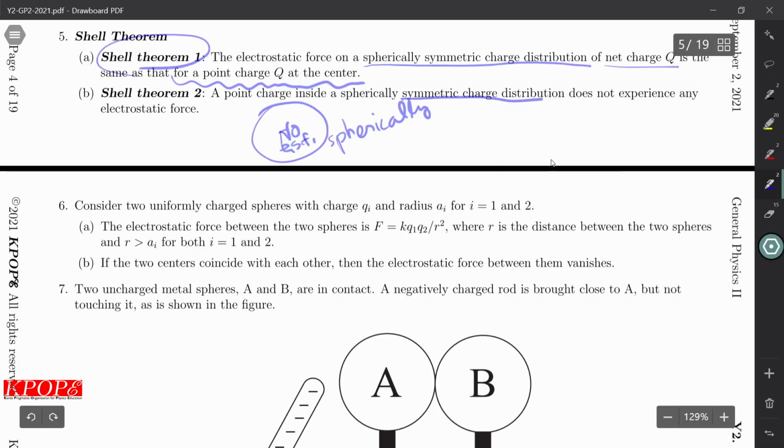Once the charge distribution is spherically symmetric, then inside it, there is no electrostatic force.